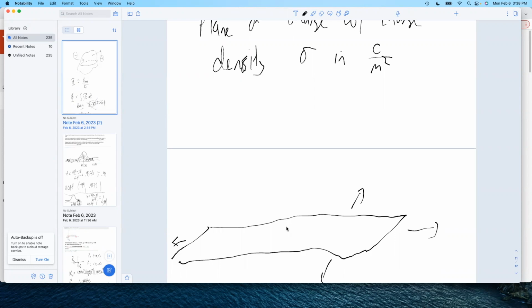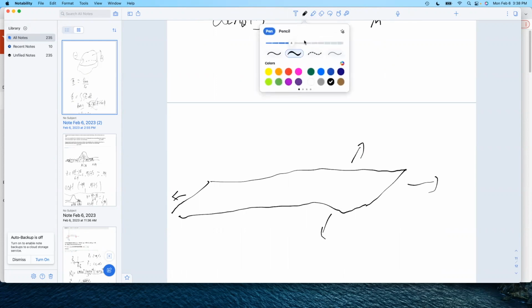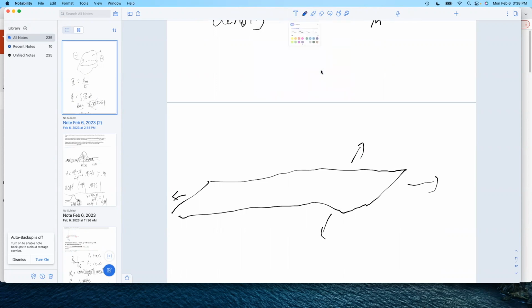Okay, so we pick a Gaussian surface that has the same kind of symmetry as this plane. You could do a pillbox. I think in the other video I did a pillbox. I'm going to do it with a cylinder here. So my Gaussian surface will be a cylinder that goes above and below the plane.